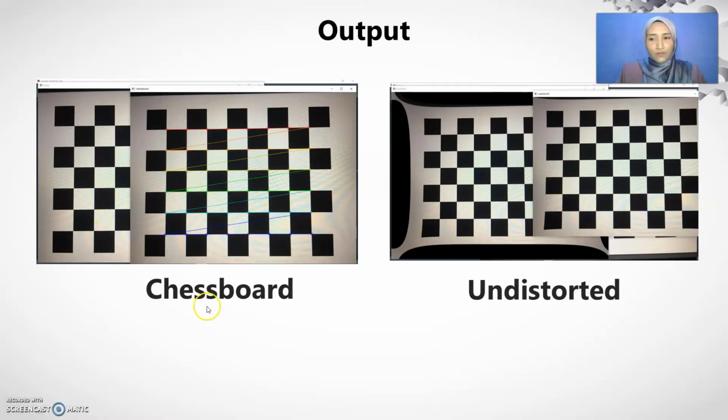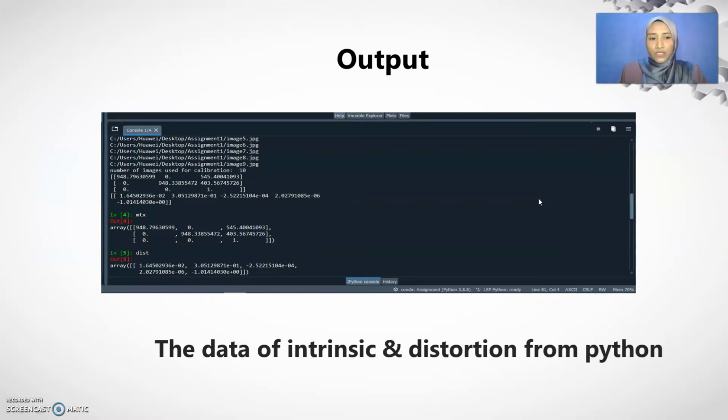This is a chessboard, and this is the undistorted image. This is also the output that we get from the code that we executed, which is the intrinsic parameter, and this is the distortion parameter. So let's proceed to our demonstration for camera calibration using Python.